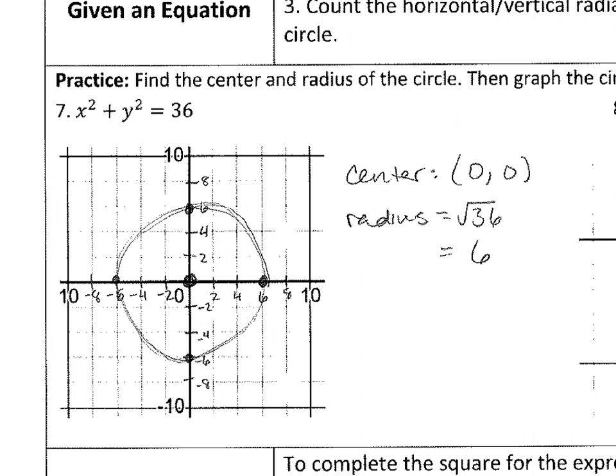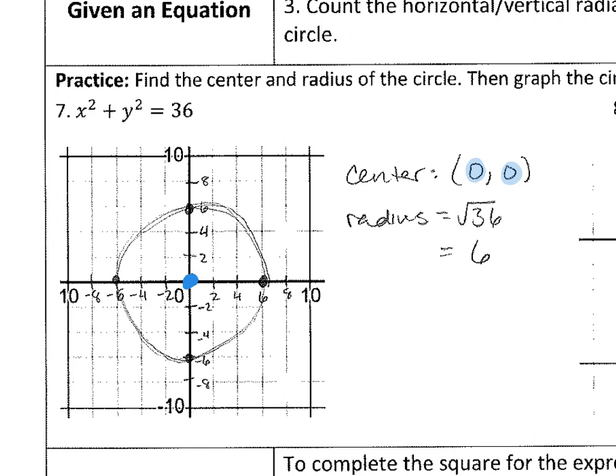If there's nothing subtracted from x, what number is nothing? 0. So this is just like writing x minus 0. So my center point is going to be at 0, comma, nothing is there, also 0, which is this point right here. So I put the center of my circle at 0.